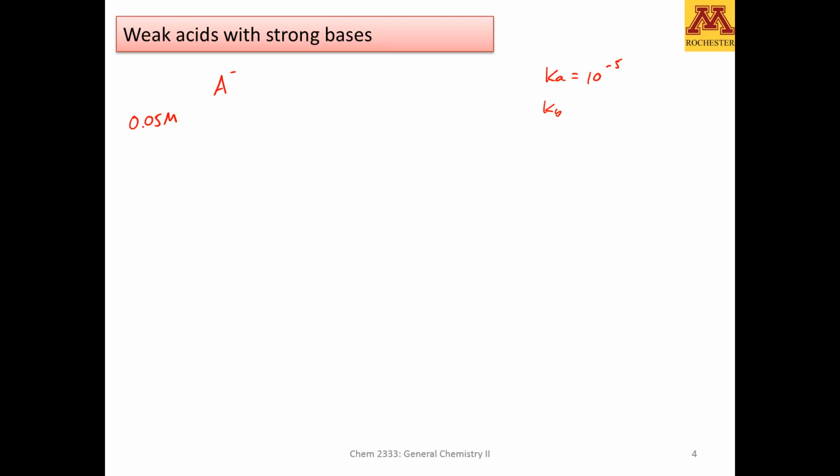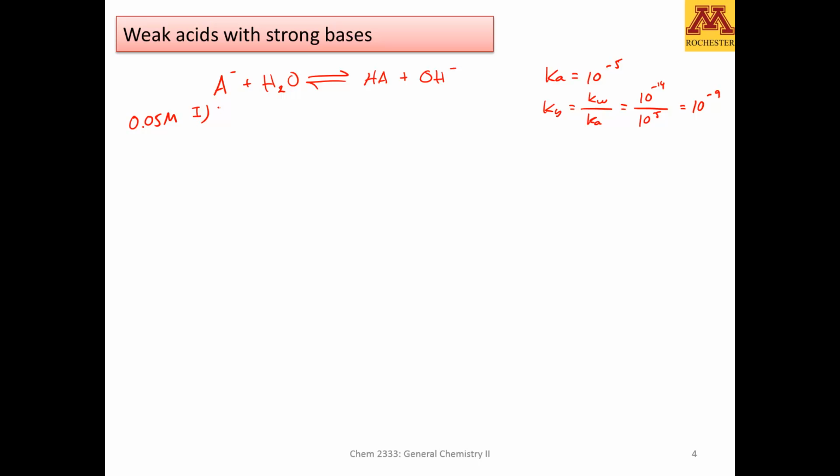Notice that the Kb is Kw divided by Ka, or 10 to the negative 14 divided by 10 to the negative 5. That is 10 to the negative 9. I only have the conjugate base in solution, and the conjugate base gives way to this equilibrium. Notice that now it's a base.